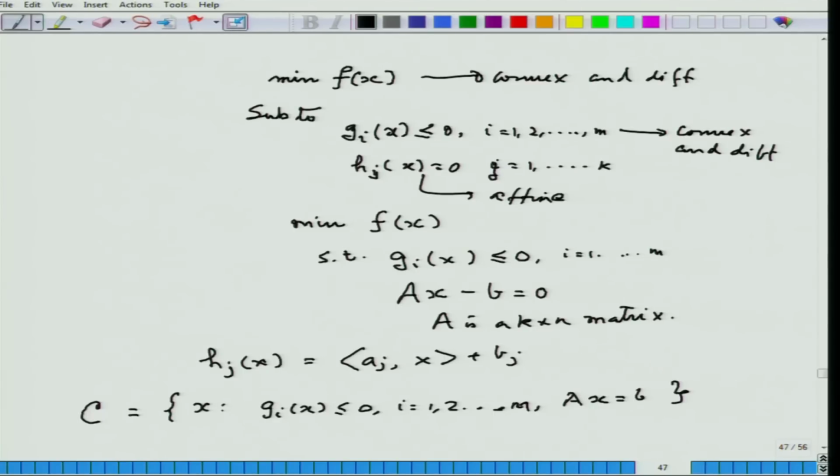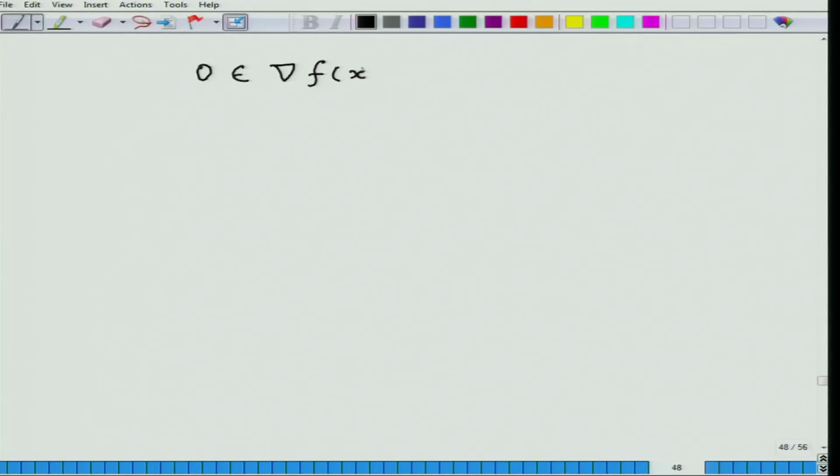So, if I want to write the optimality condition, it becomes 0 is an element of the gradient of f(x), suppose x bar is the minimum. So, x bar is a minimizer if and only if this holds.